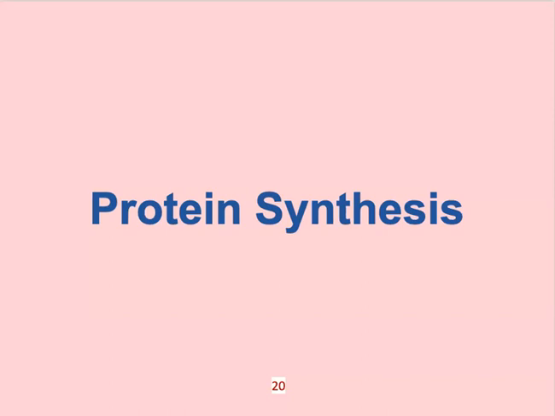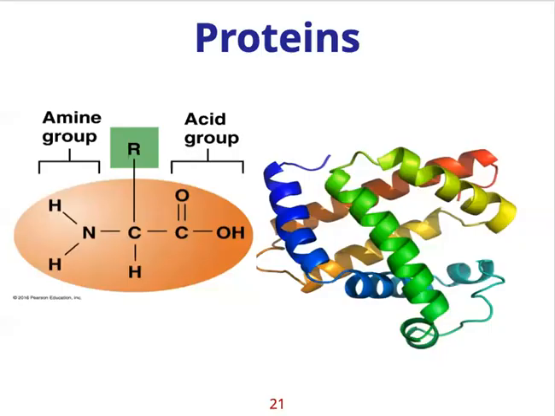Now we're moving on to talking about protein synthesis. As we've learned, proteins are made up of monomers called amino acids, and this is the general structure of amino acids. Recall that we've got 20 different types of amino acids, but all of these amino acids share a similar structure.